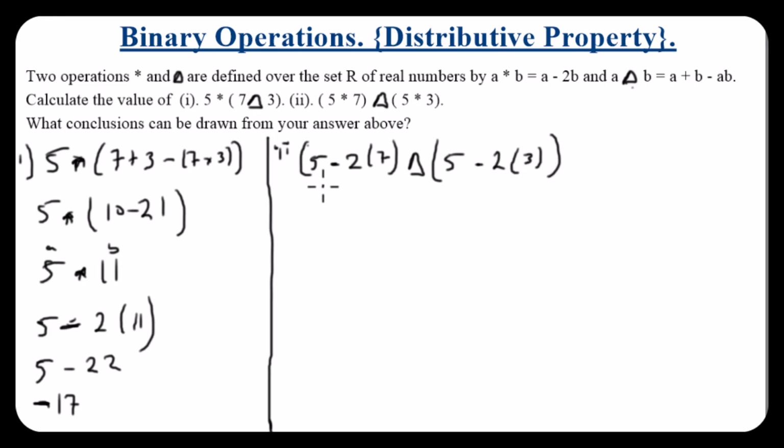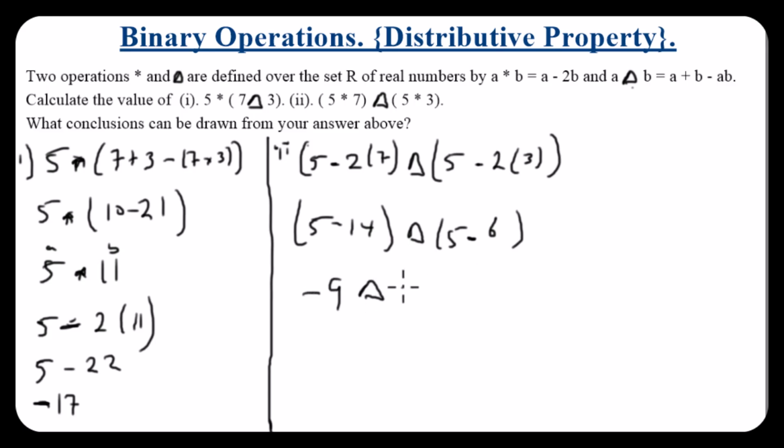Now 2 times 7, that's 14, so here I have 5 minus 14. Delta 2 times 3, that's 6, so here I have 5 minus 6. 5 minus 14 gives me minus 9. Delta 5 minus 6 gives me minus 1.